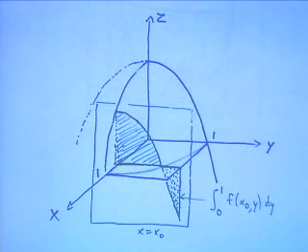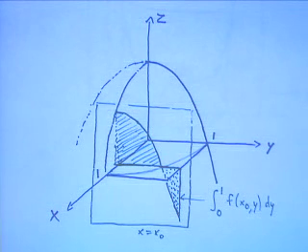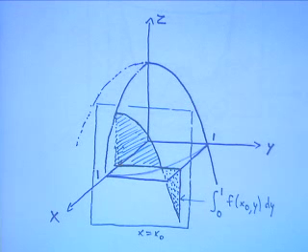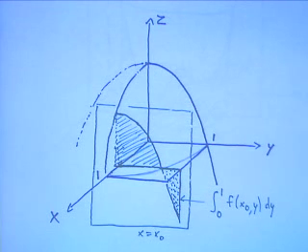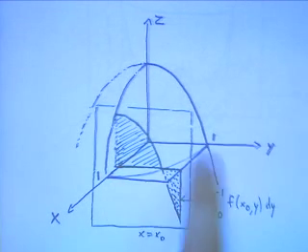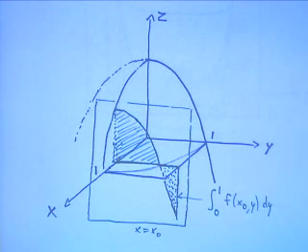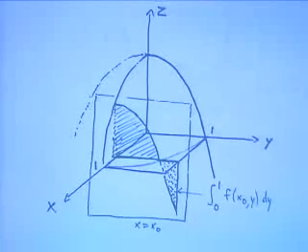And now what we're asking is what is the volume between the paraboloid and the xy plane over the square of side 1 in the xy plane, x and y between 0 and 1. So here I've tried to represent the square, and we'll just sum the areas of the slices as, say, x varies from 0 to 1.